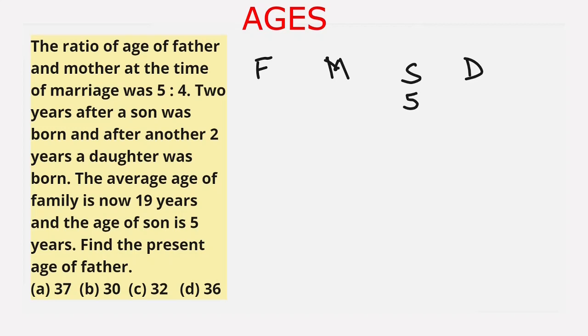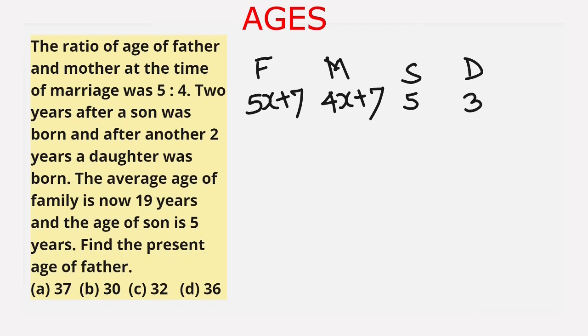So the total time from the present when the marriage took place is 7 years. The ratio of the present ages of father and mother is 5:4, so I write father's age as 5x plus 7 and mother's age as 4x plus 7. The daughter is 2 years younger than the son, so the daughter's age is 3 years.